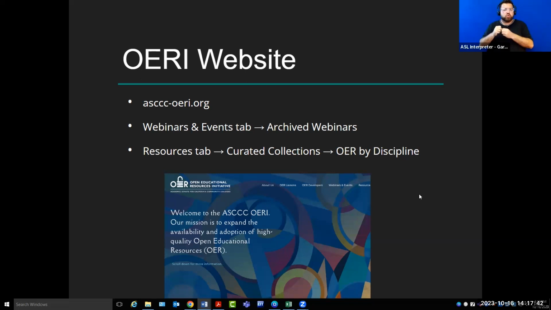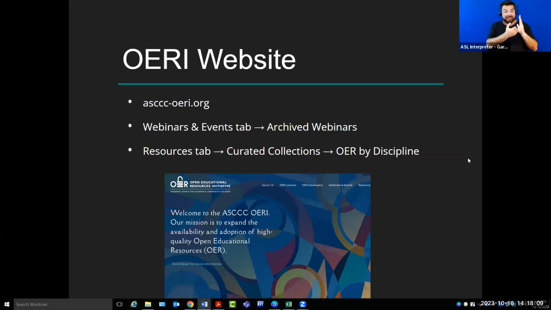To check out the curated collections, you're going to go to the resources tab and then click curated collections, and then OER by discipline. And then if your discipline is there, you'll go to the discipline page, and it has a list of the different OER.